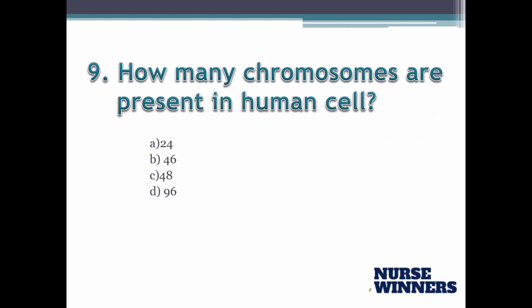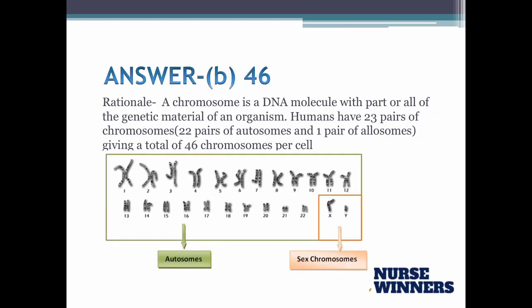Ninth question. How many chromosomes are present in human cells? Options: A. 24, B. 46, C. 48, D. 96. The right answer is option B. 46. Rationale. A chromosome is a DNA molecule with part or all of the genetic material of an organism.